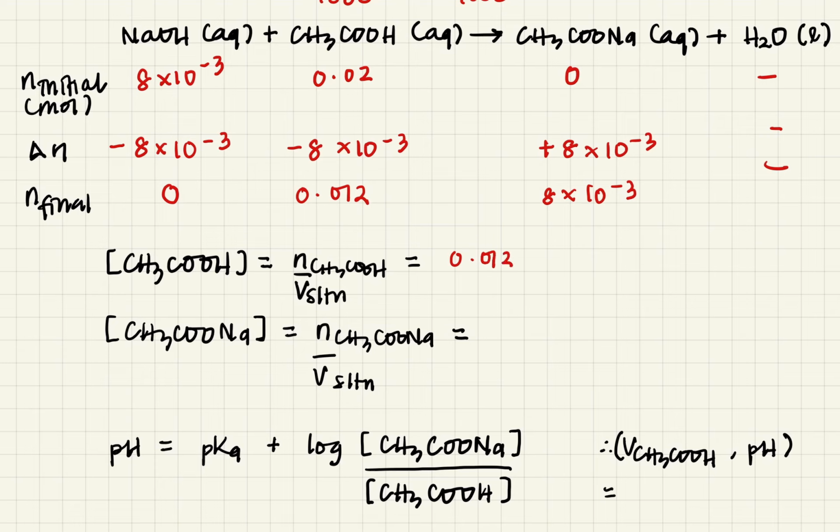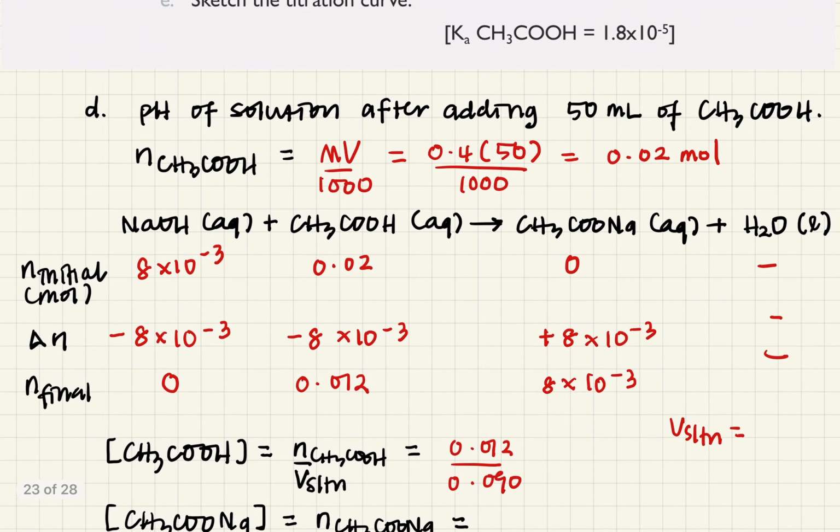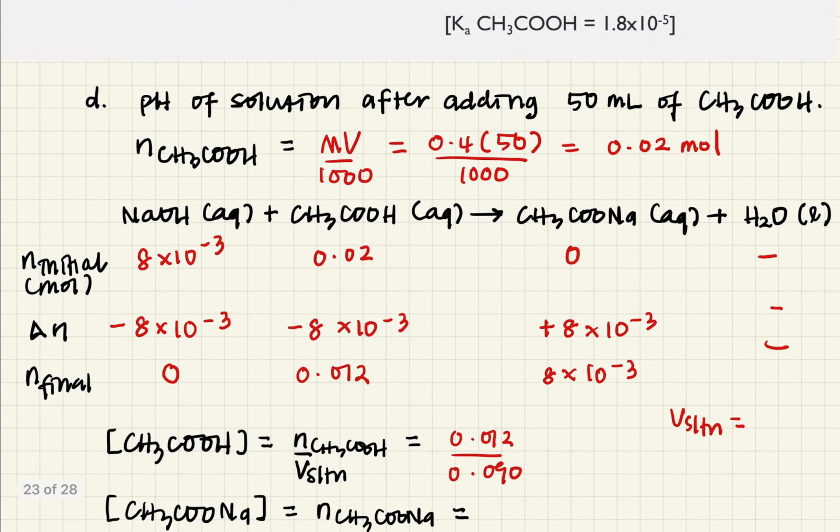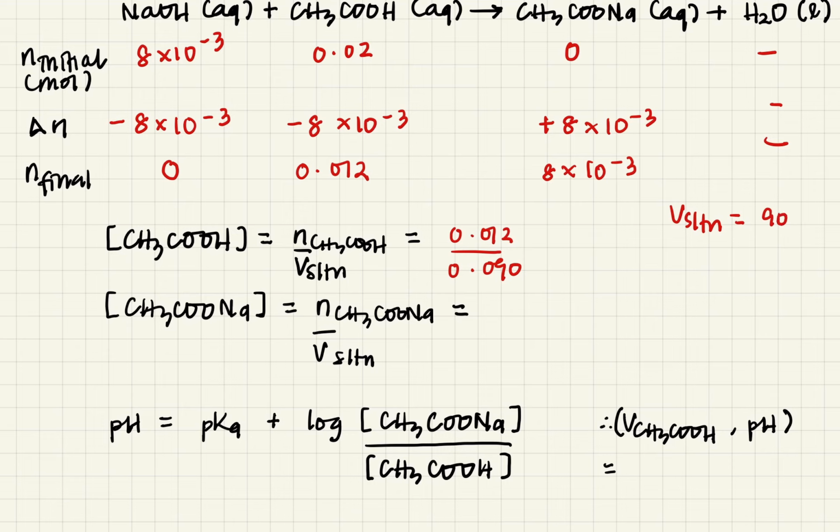0.012 over 0.090. Mana dapat volume of solution? Because you added 50 mils with 40 mils, kan? So that's why your value is 90 mils. So tukar jadi liter. Right?